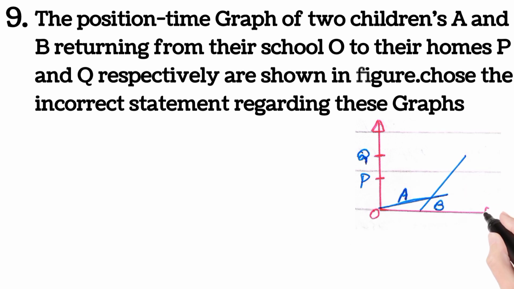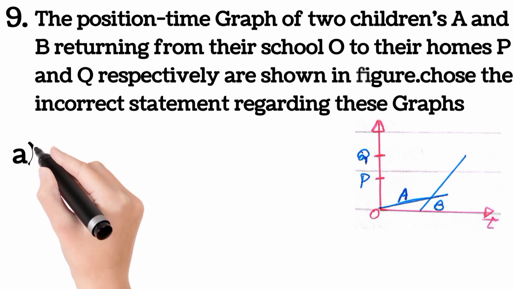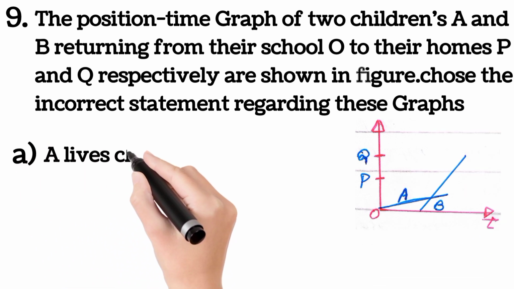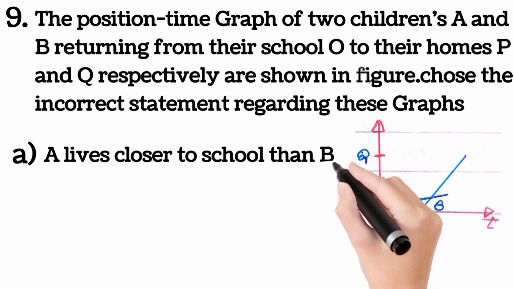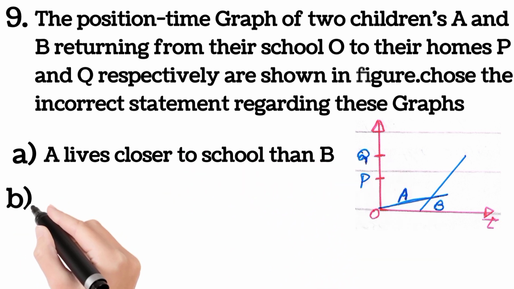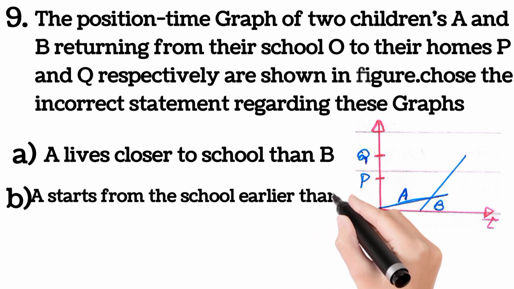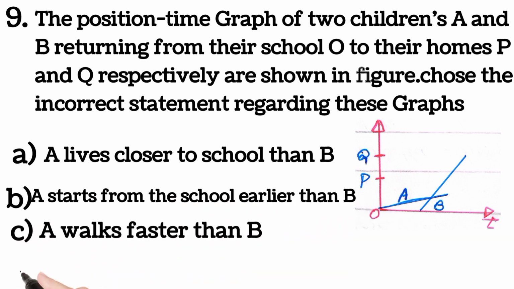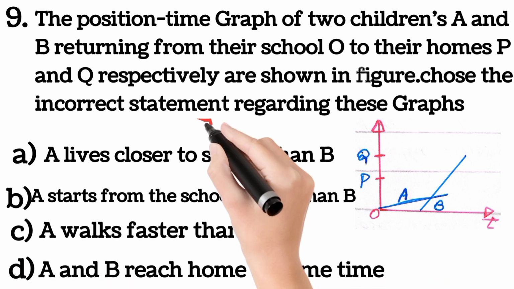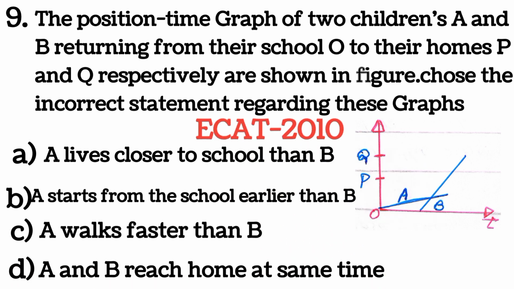Here are the graphs of these two children A and B. A option is A lives closer to school than B. B option is A starts from the school earlier than B. C option is A walks faster than B. D option is A and B reach home at the same time. This MCQ was asked in ECAT 2010.